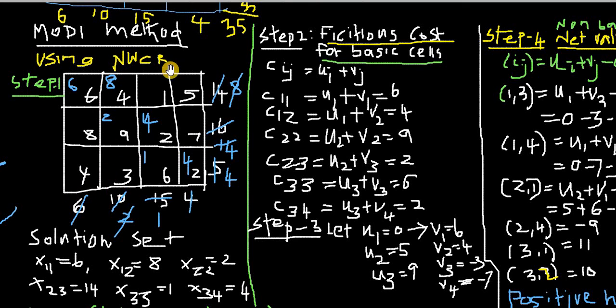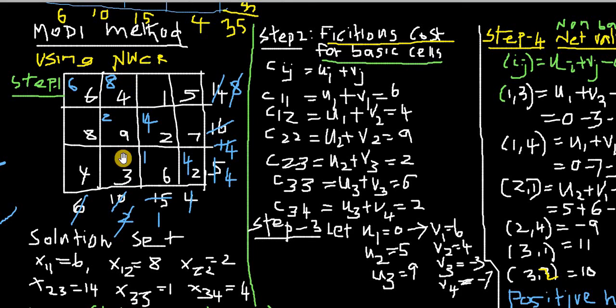Now the remaining cells are these. In the leftover cells, this is the next northwest corner cell. Therefore, we have to assign the number of items to go from here to here. The remaining availability from the first production center is 8 items, and the demand here is 10.